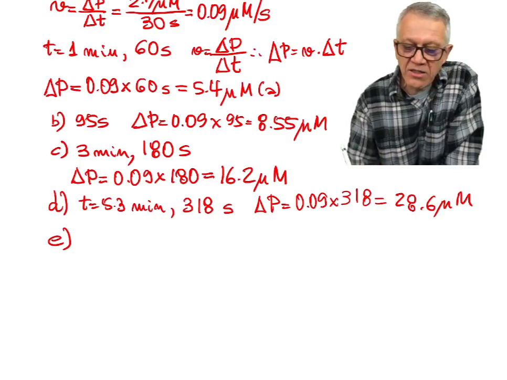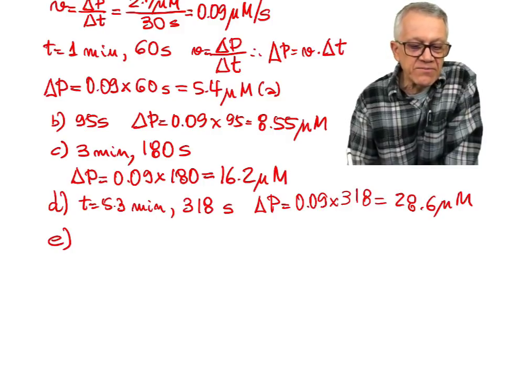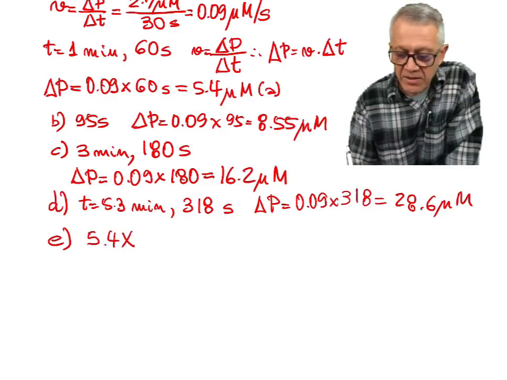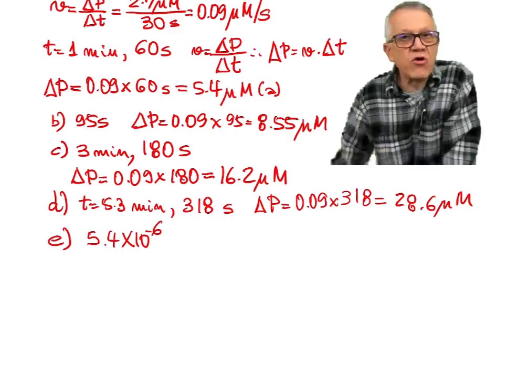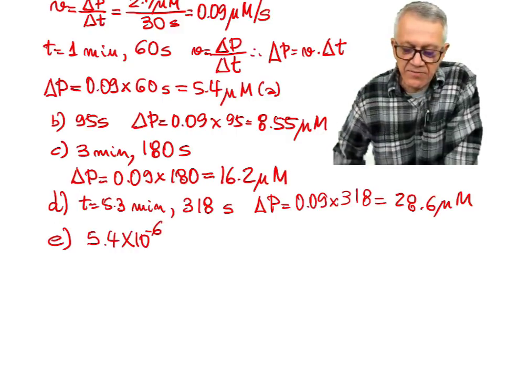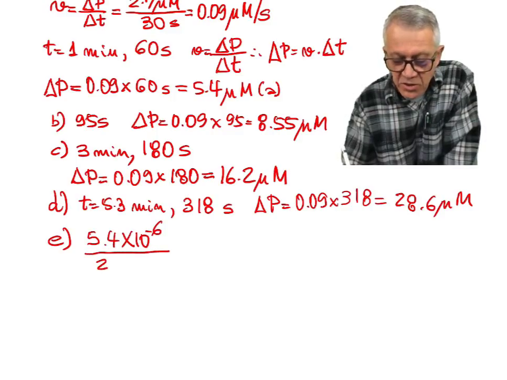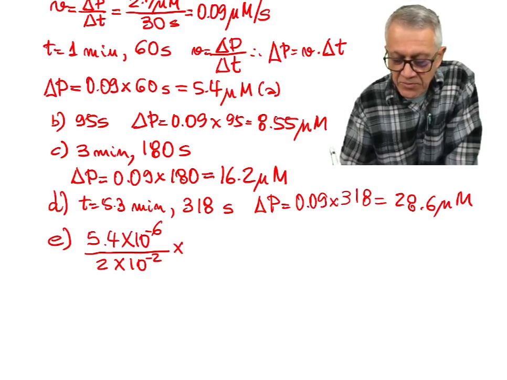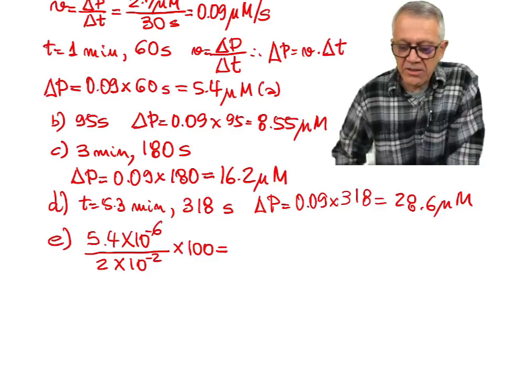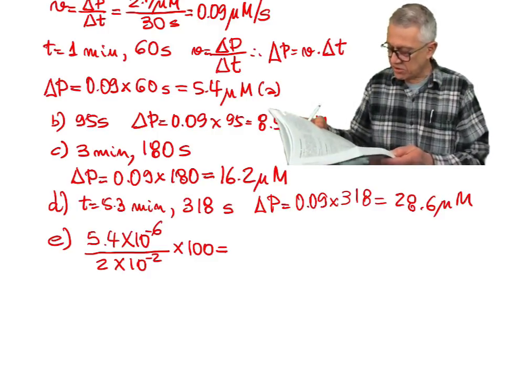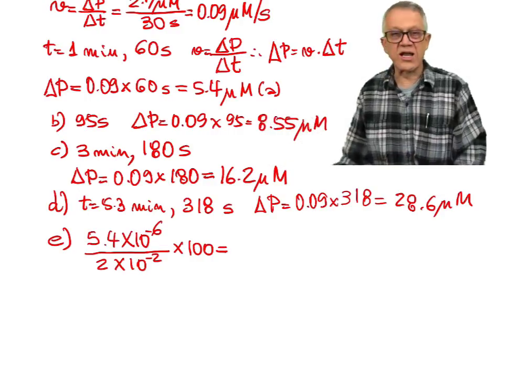So we had initially 5.4 times 10 to the minus 6, 5.4 micromolar. And out of the starting material, that was 2 times 10 to the power of negative 2. If we multiply this by 100, then we get exactly what Segel is asking: what percent of the original substrate was utilized at the time?